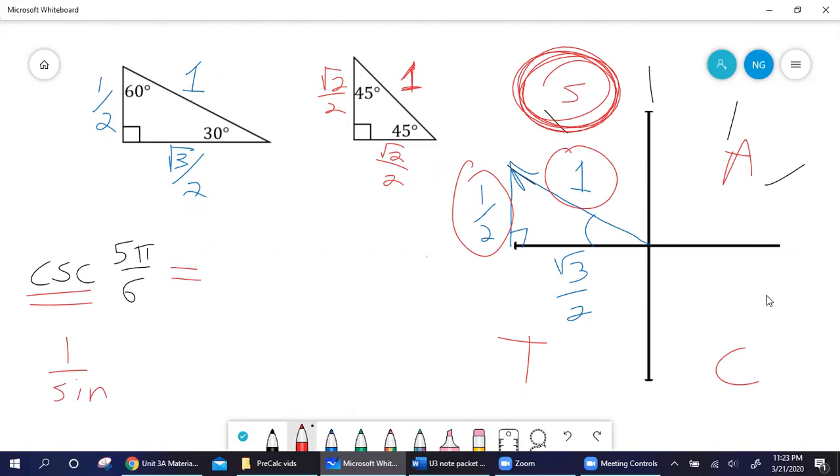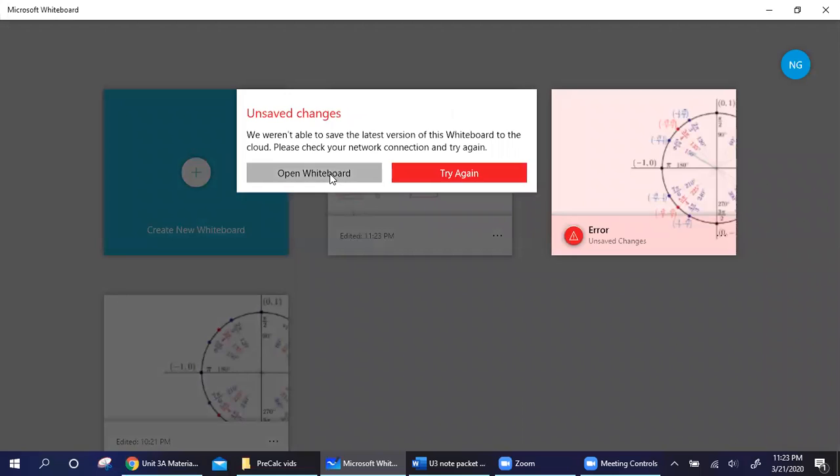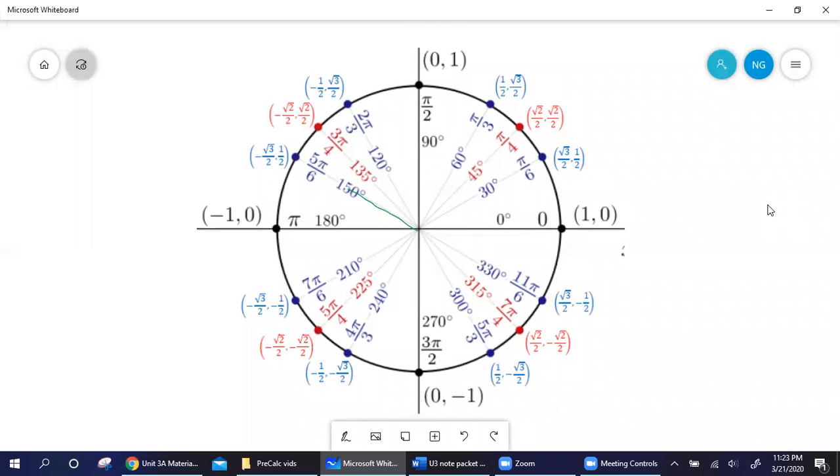So just 1/2. So the cosecant would be the flip of 1/2, which is just 2 over 1, or 2. Again, you could also use the point instead if you have it memorized. If you know cosecant is the flip of sine, remember the sine is the y coordinate, I would flip the 1/2, and that would give me 2.